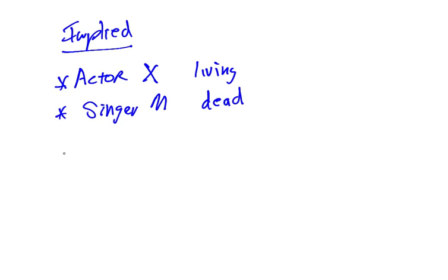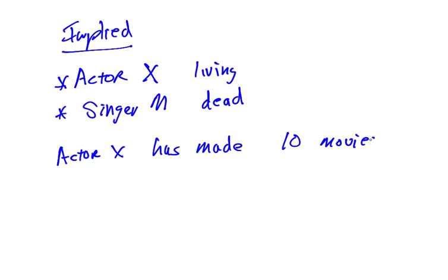Alright, so I can make two sentences here. Actor X has made 10 movies. Singer M made 10 albums.